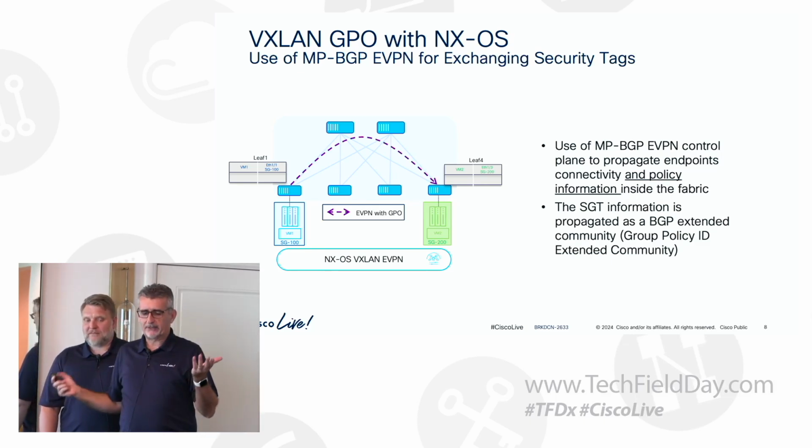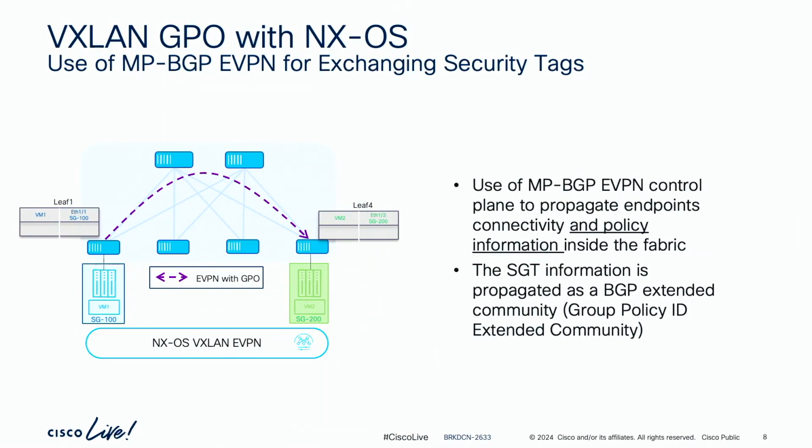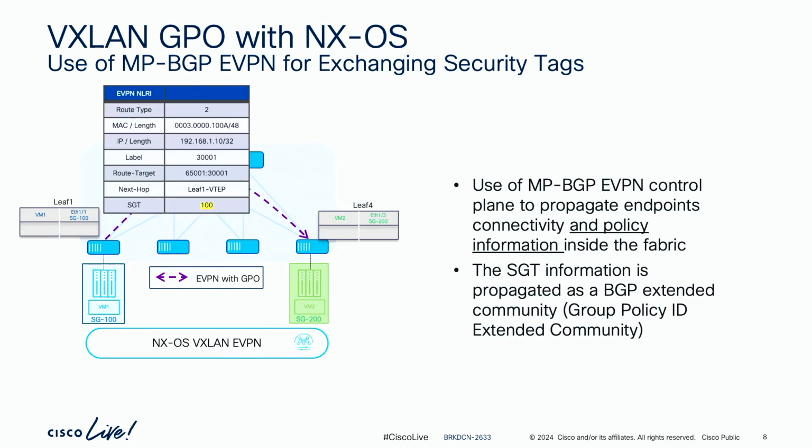When an endpoint is learned as directly connected to a leaf, a control plane message, an EVPN type 2, or an EVPN type 5 if it's an external prefix, is going to be propagated inside the fabric, and it carries an additional extended community, which is called the group policy ID extended community, that gives me the information which group that specific endpoint belongs to, right?